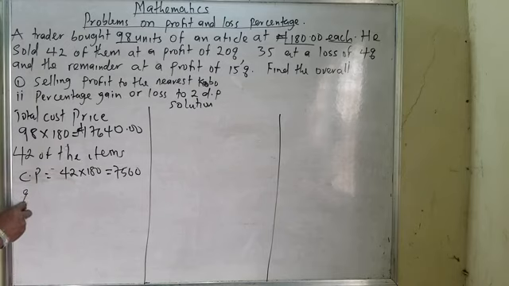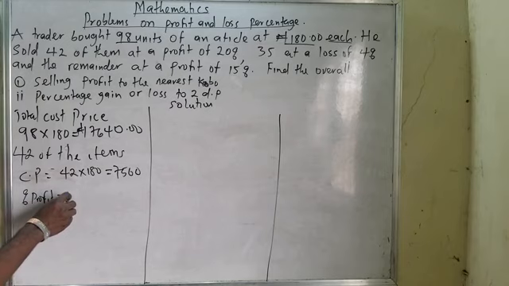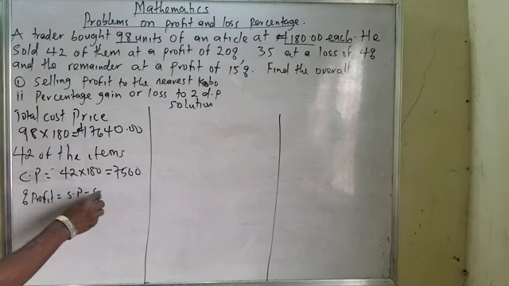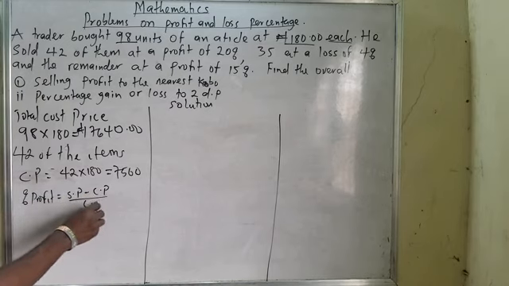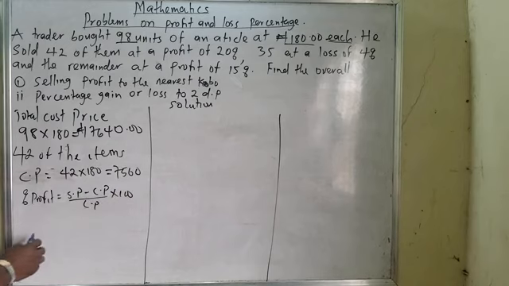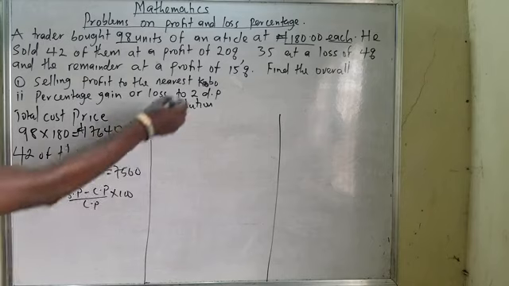It means percentage profit will be equal to selling price minus cost price, divided by cost price, multiplied by 100. What is the percentage for that 42? 20%.